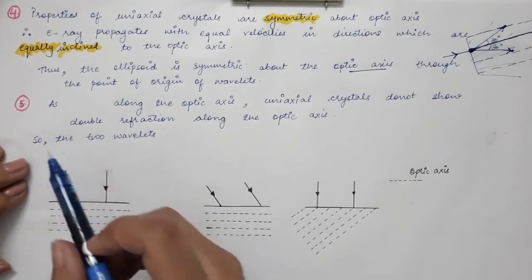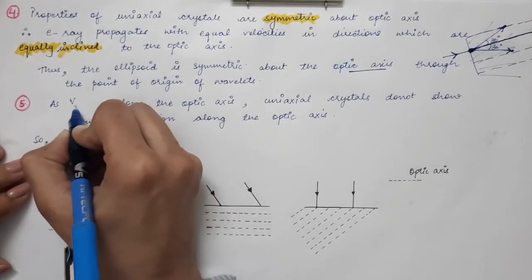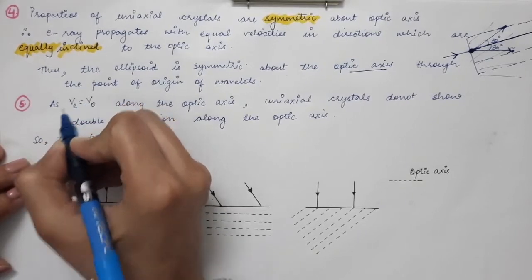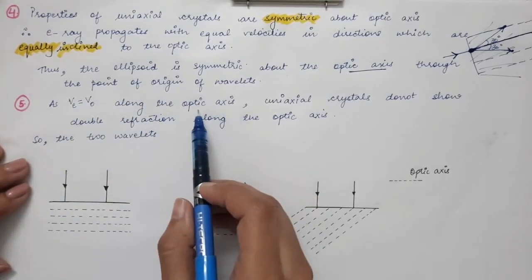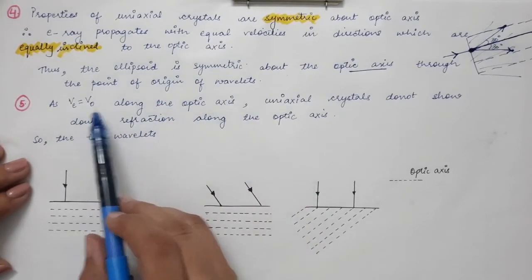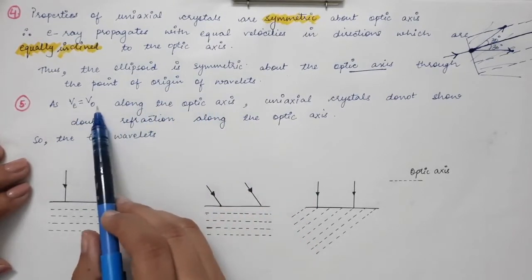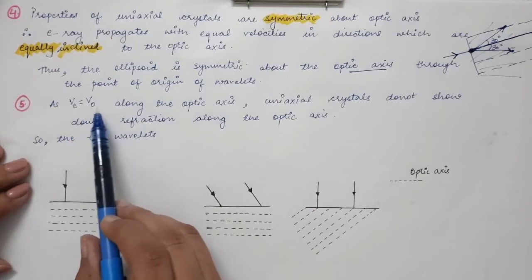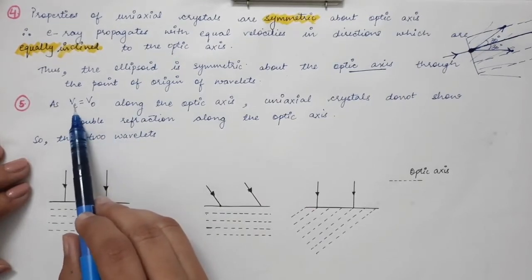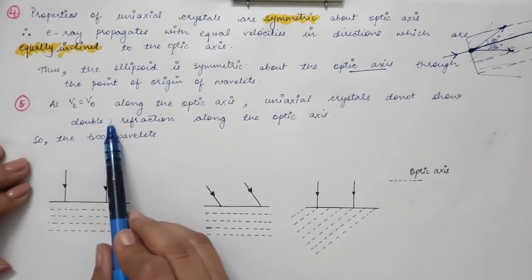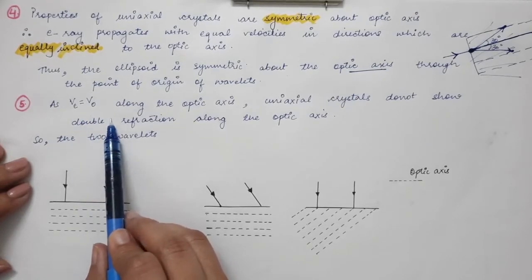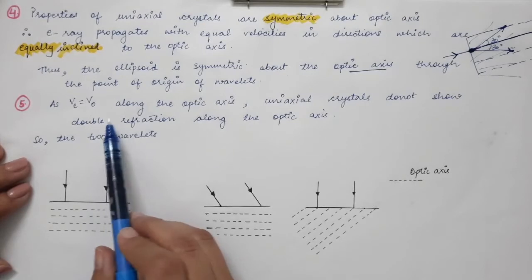Now the fifth point: the velocity of the E ray is equal to the velocity of the O ray along the optic axis. Along this direction, both the E ray and the O ray travel with the same speed. The E ray has its own wavelet which is ellipsoid, and the O ray has its own wavelets which are spherical in shape.